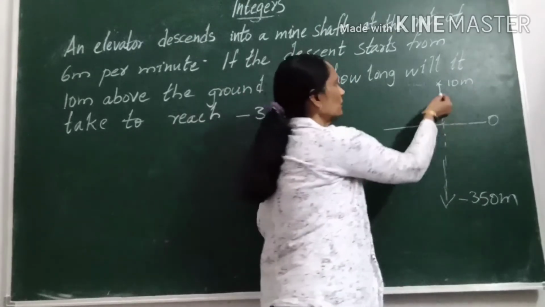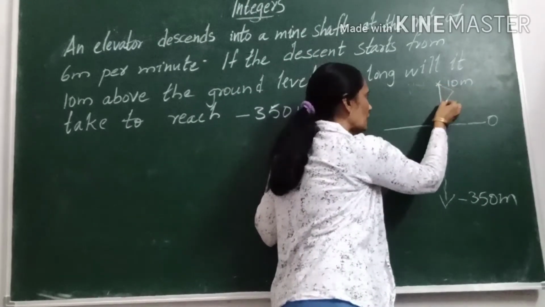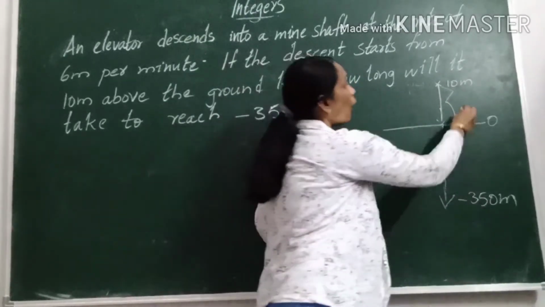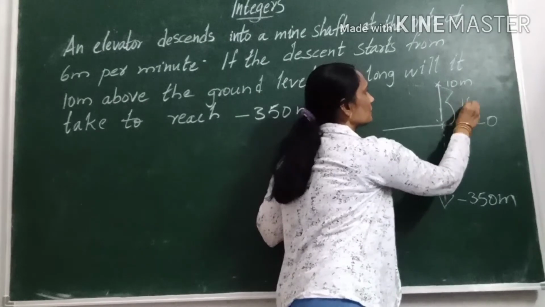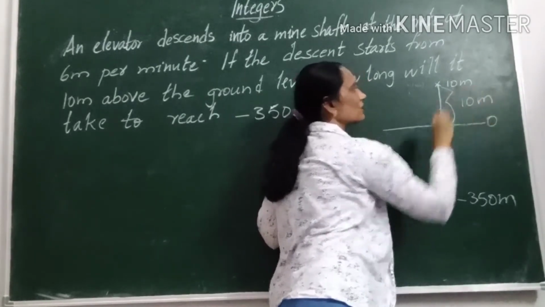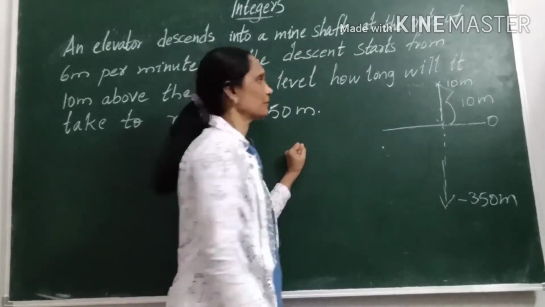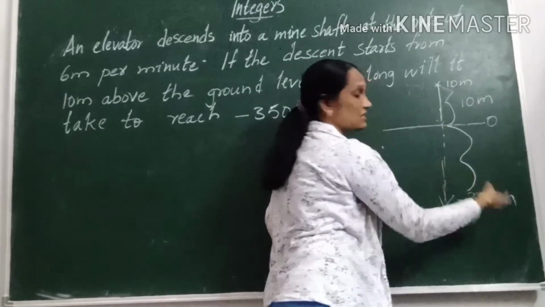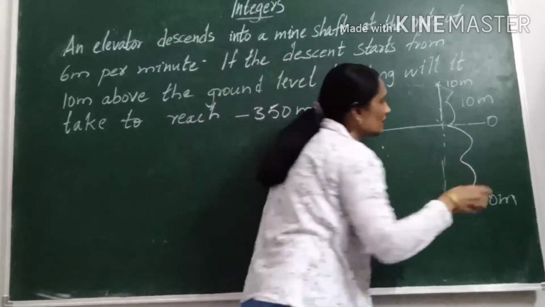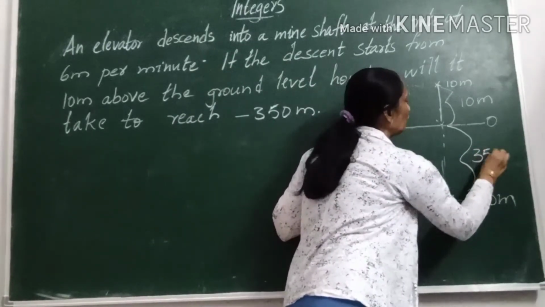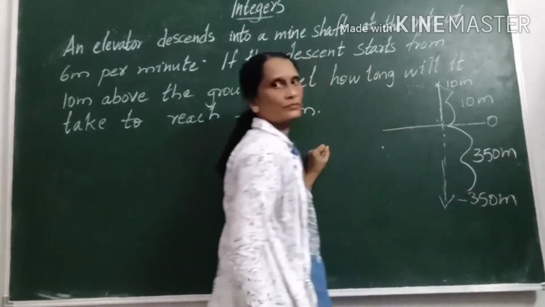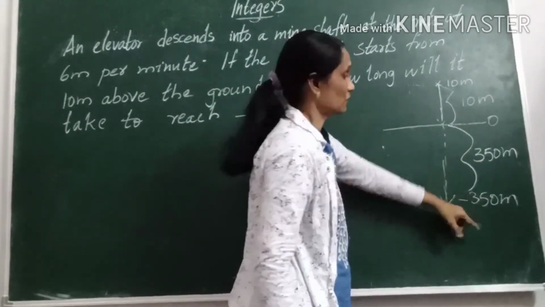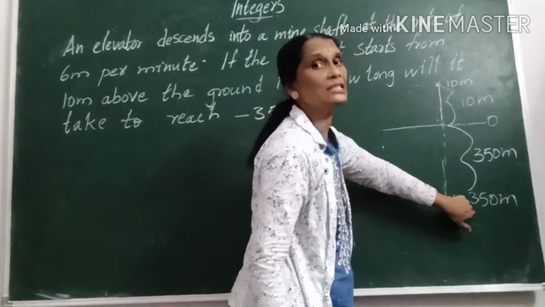So from 10 meter to 0 meter, how much descent is there? 10 meter descent. From 0 to minus 350 meter, how much descent is there? 350 meter descent. Coming down, descent.